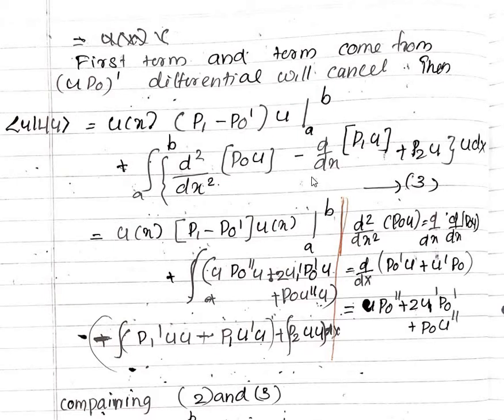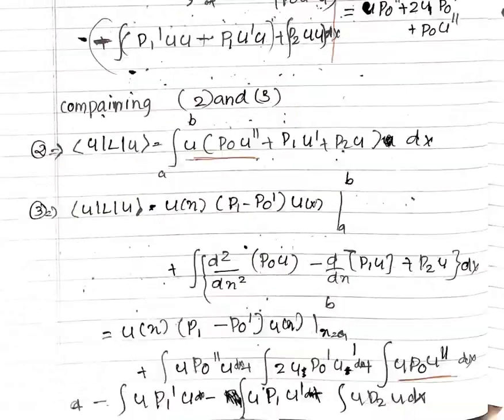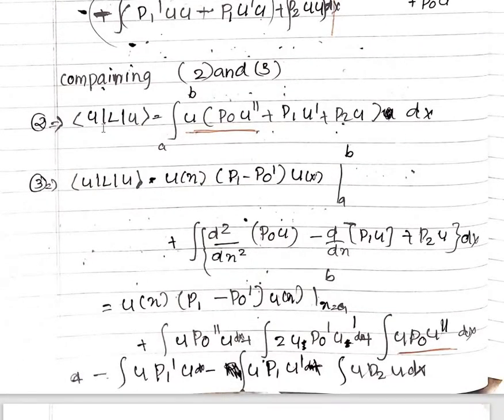Comparing equations 2 and 3, this is equation 2, that is u Lu is equal to integral a to b u p0 u double dash plus p1 u dash plus p2 u dx, and this can be written in this way.